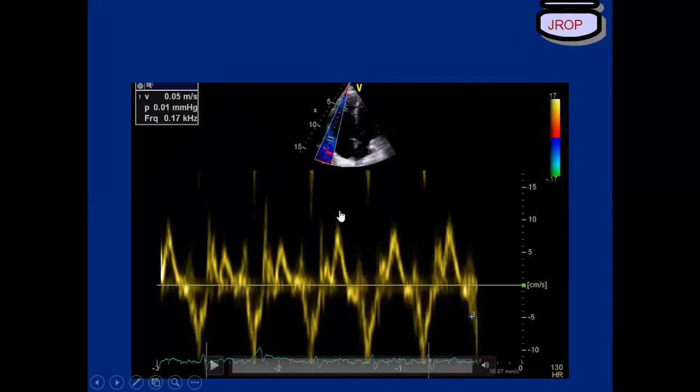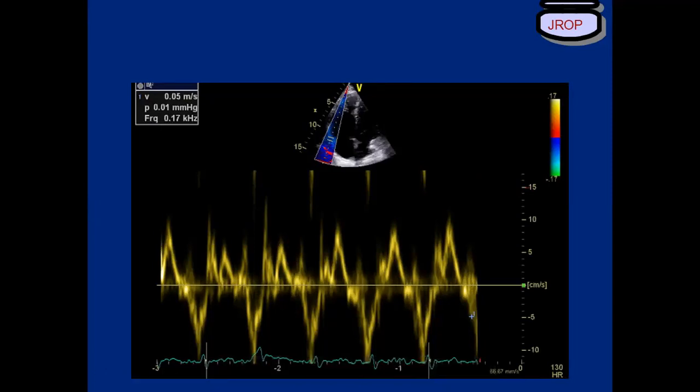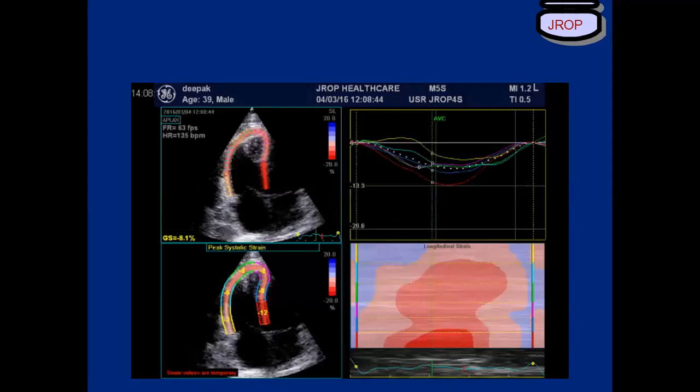With inspiration, the TDI velocity will increase, going up to almost 9.5 or 10. But during end expiration, the velocity is only 7 or 8. And we did a 2-dimension strain; its value is only 8.1, which is normal.